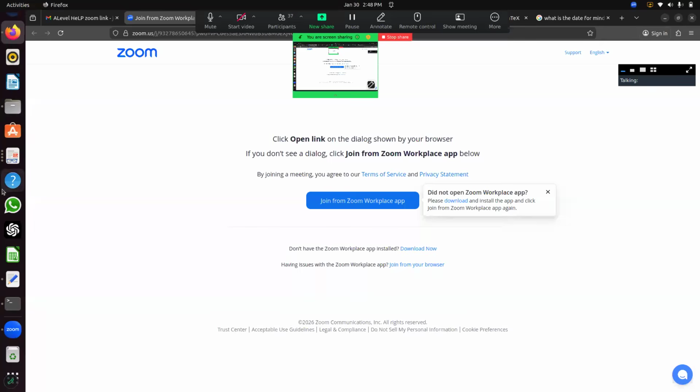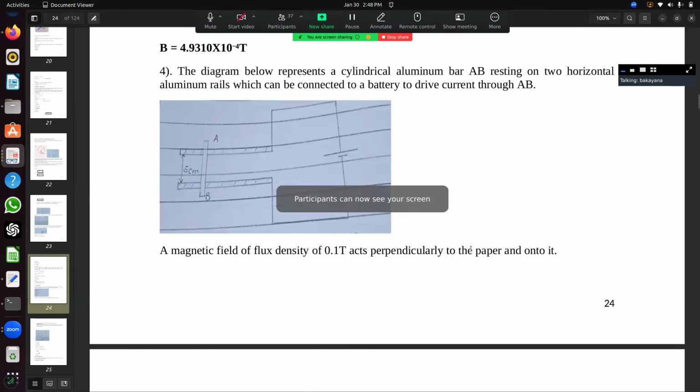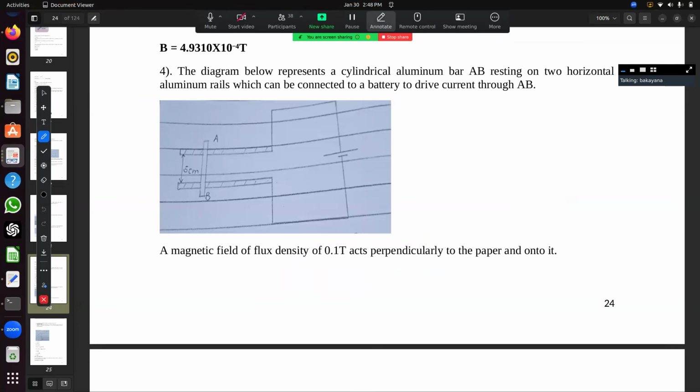I was sharing the work for these questions. We try them out; we're still going through the examples. So this one, I've just said that a magnetic field of flux density acts perpendicularly to the paper. When they say perpendicularly into the paper, then you would have something like that.